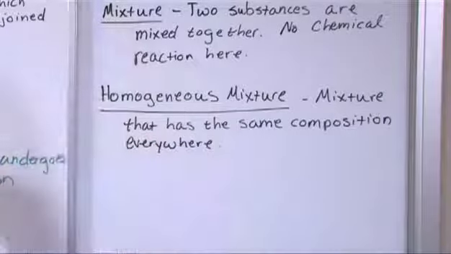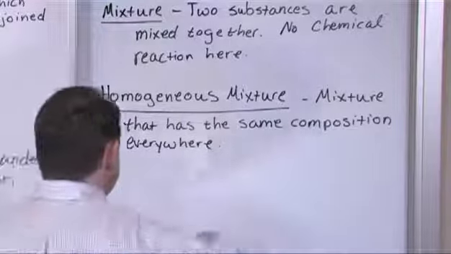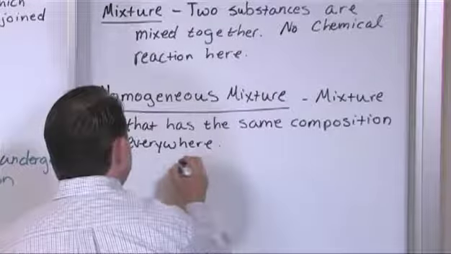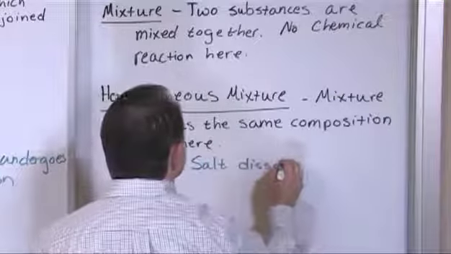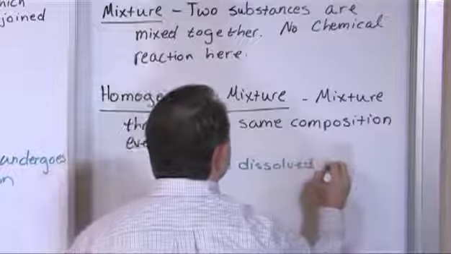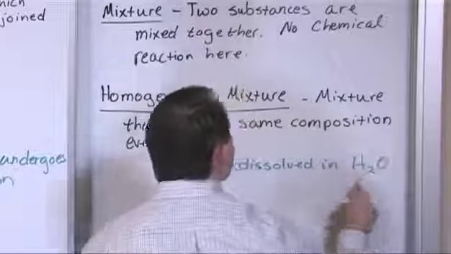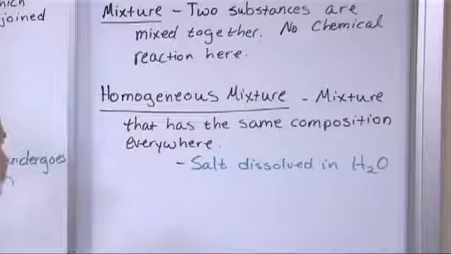What would be a good example of a homogeneous mixture? An example would be salt dissolved in water, H2O. We're in chemistry class, so I'm going to start writing water as H2O.